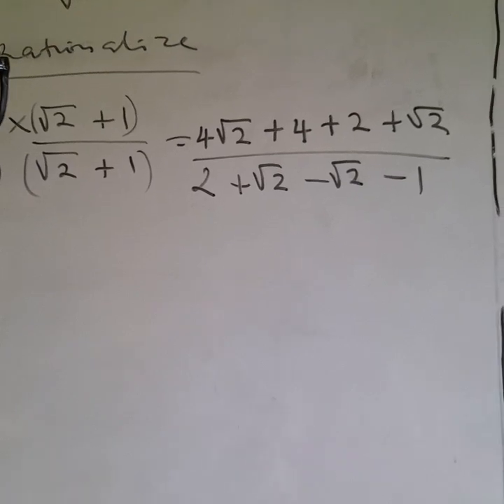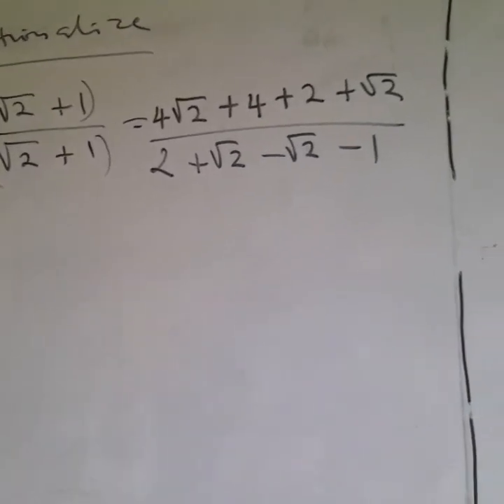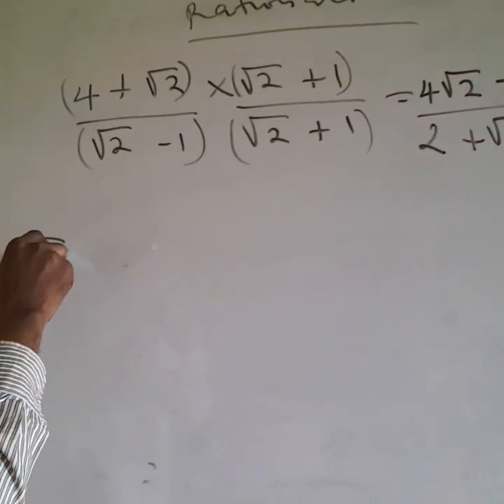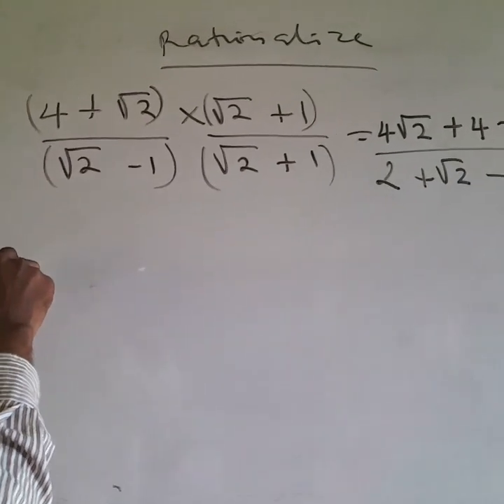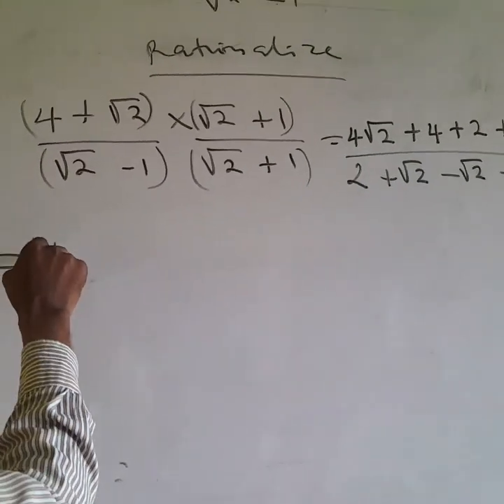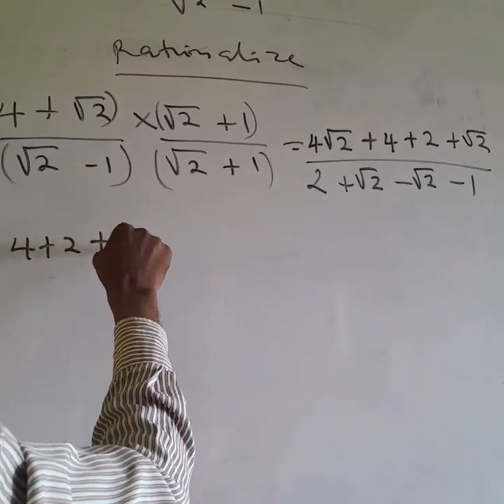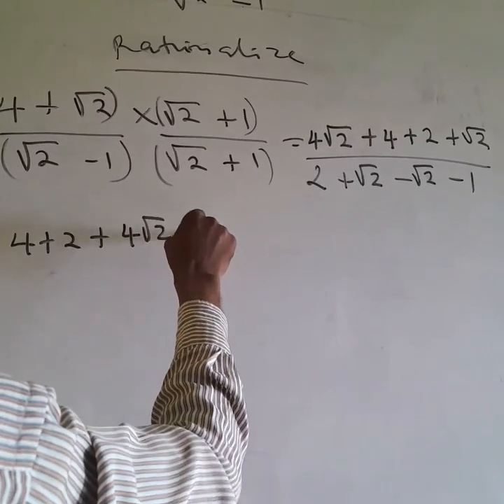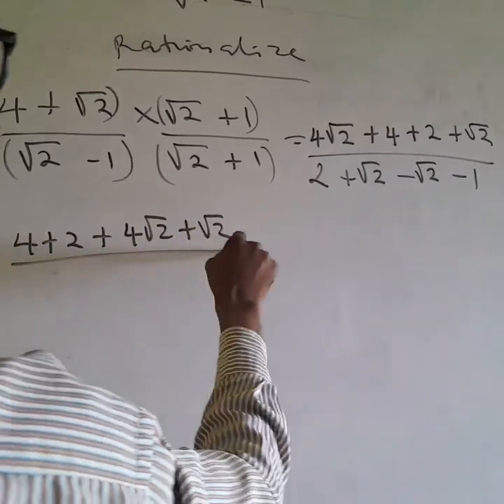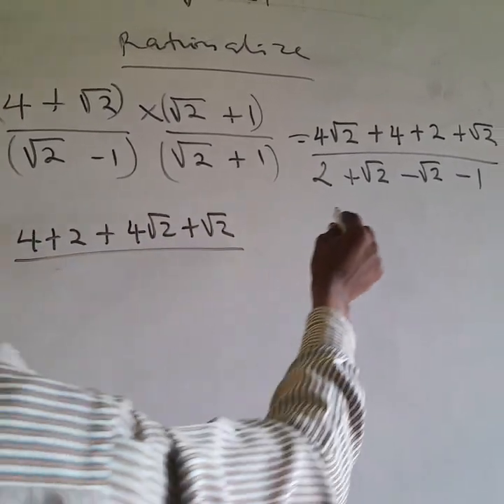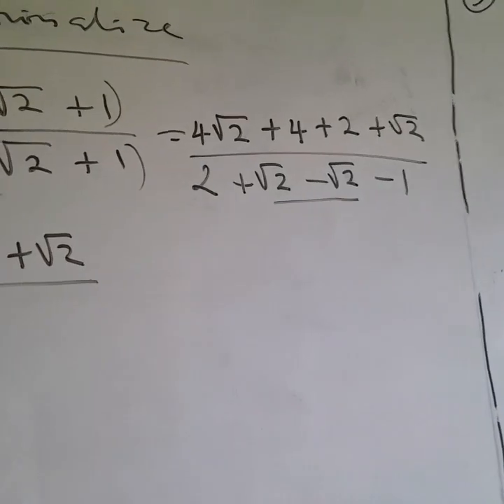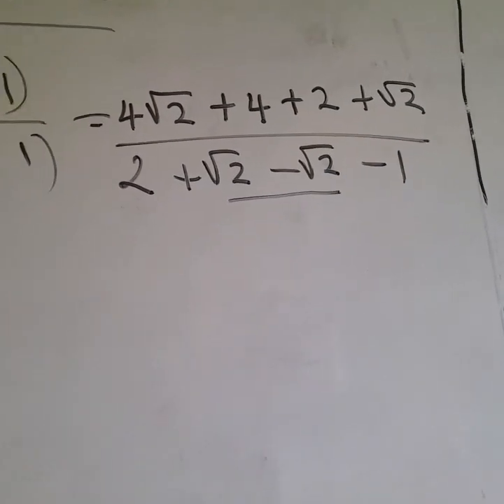So we'll collect like terms, simplify the numerator and the denominator. We have 4 plus 2 and we have 4 root 2 plus root 2, all divided by, you can see that from here, root 2 minus root 2 is 0.